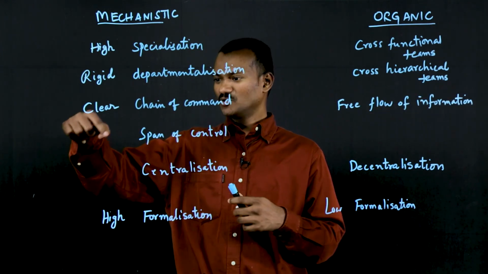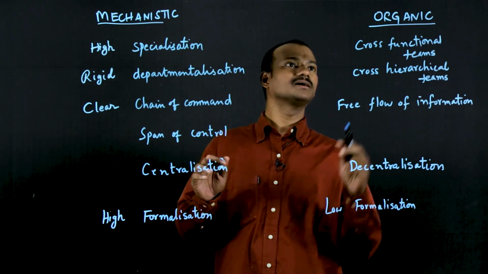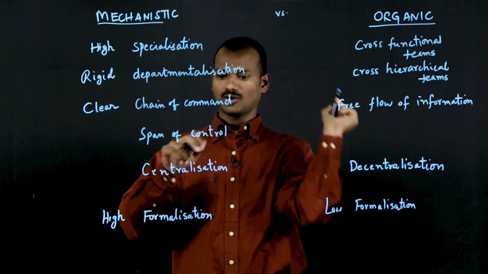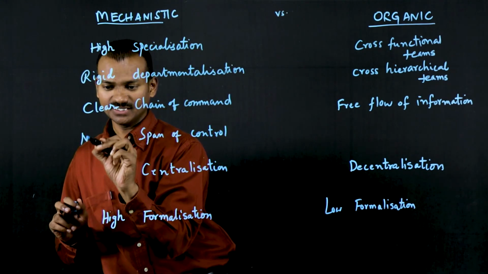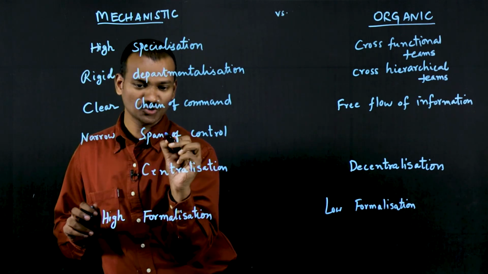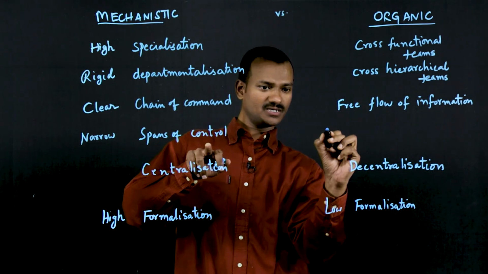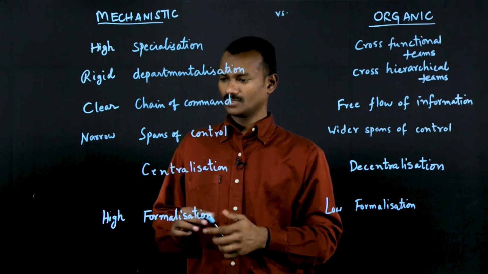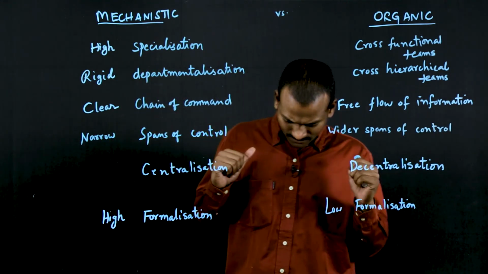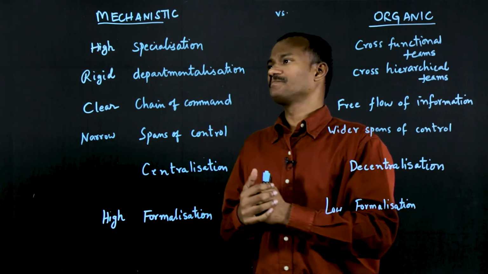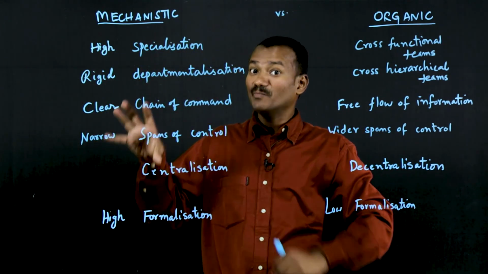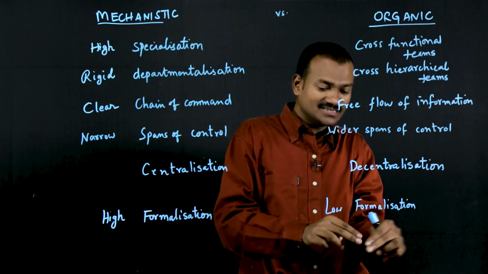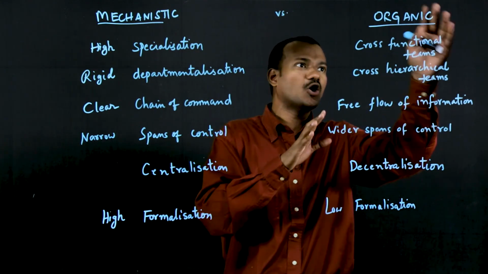When you come to the span of control and compare mechanistic versus organic, you will have narrow spans of control here, and wider spans of control here. So these are the factors that make an organizational structure mechanistic, and these are the factors that make an organizational structure organic.